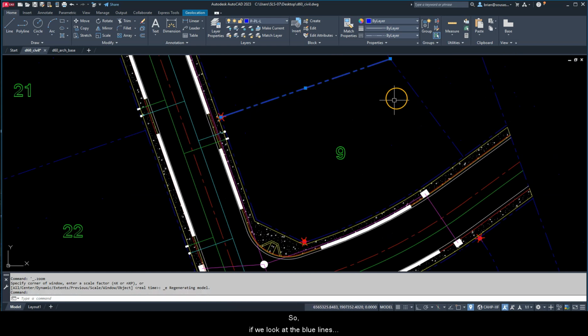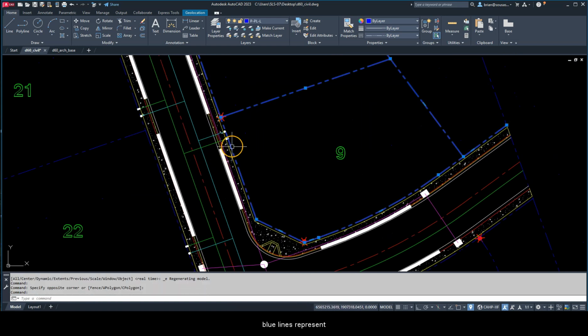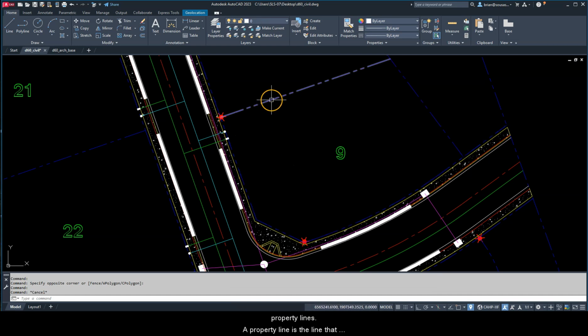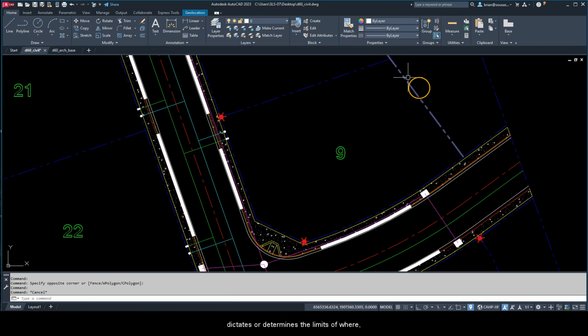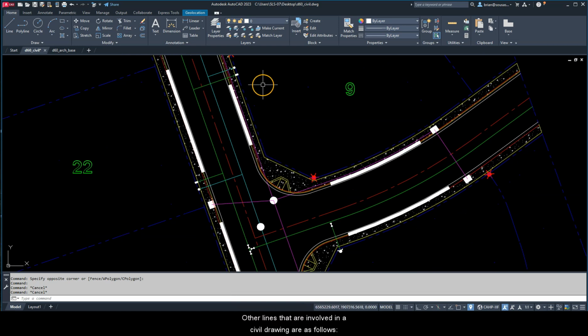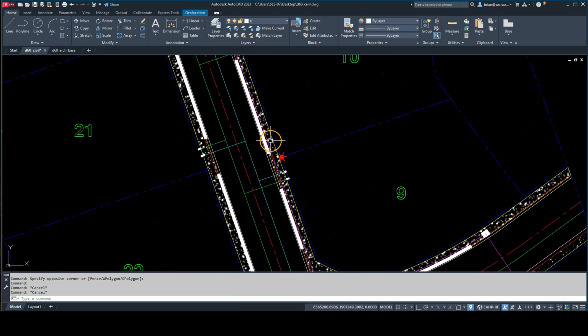So if we look at the blue lines, they represent property lines. A property line is the line that dictates or determines the limits of the parcel that somebody owns. Other lines that are involved in a civil drawing are as follows.